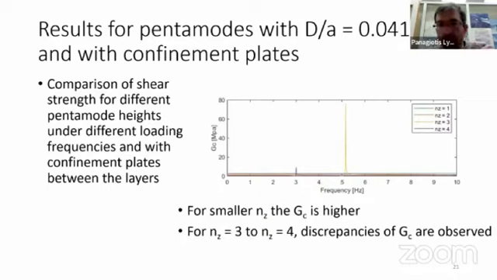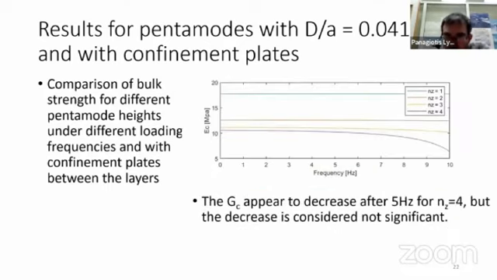We see the 2 discrepancies for NZ3 and NZ4, where the values are the same as in the previous case without confinement plates, but for NZ3 we have an increased value, so we cannot see very well what's going on. But if you see the values, they are very close.